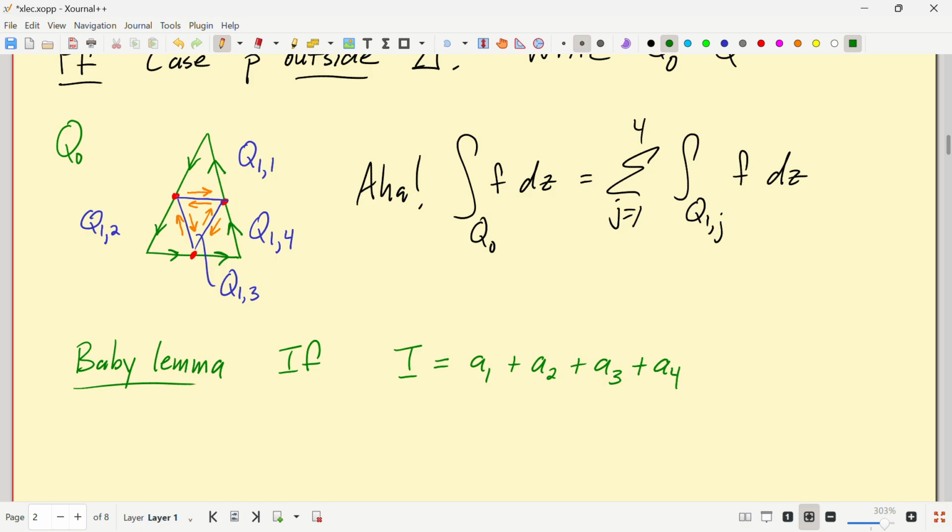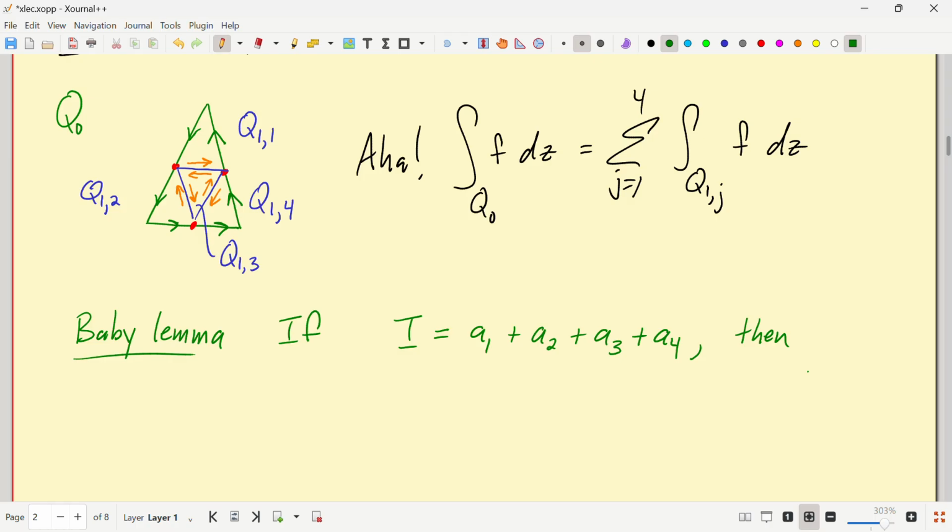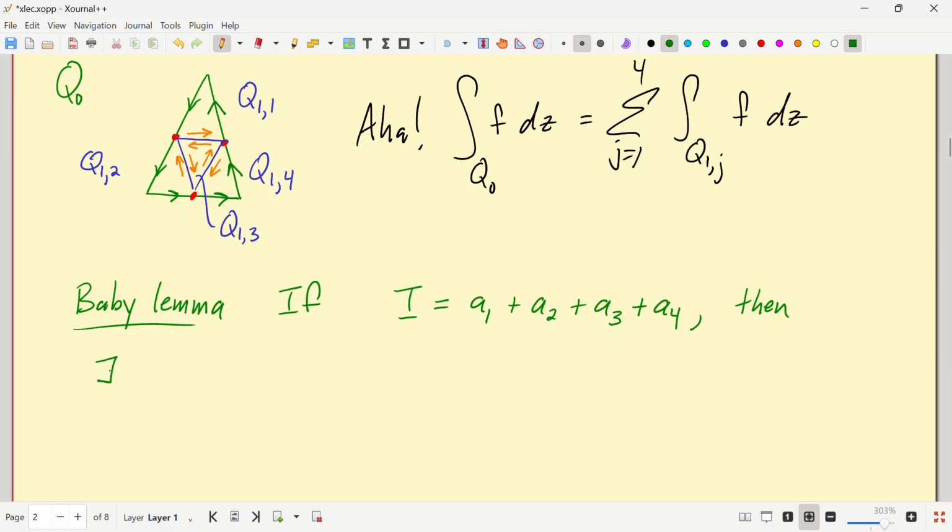So, if that's the case, then there exists a j with a_j at least big enough to make that modulus bigger than or equal to the modulus of I over 4.